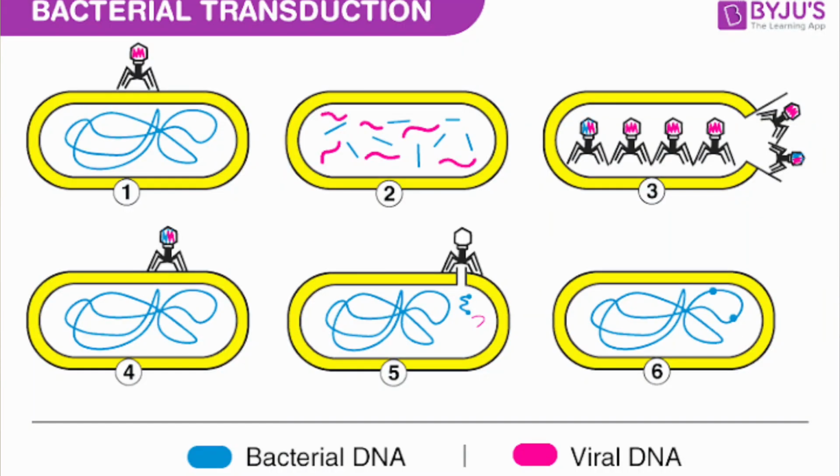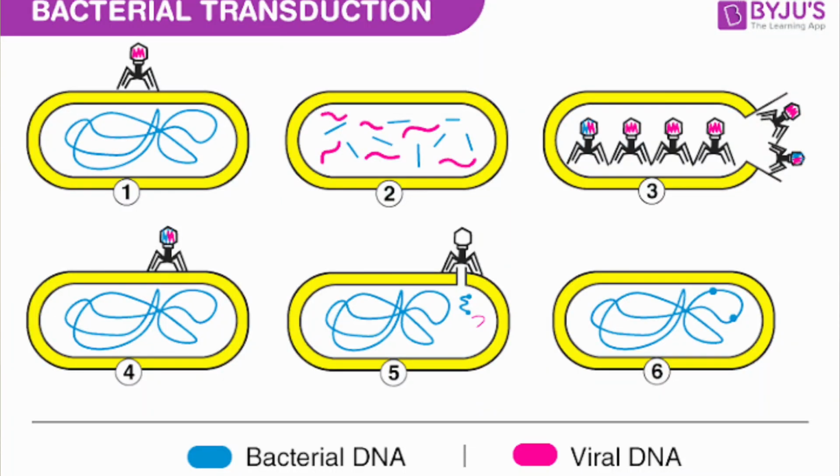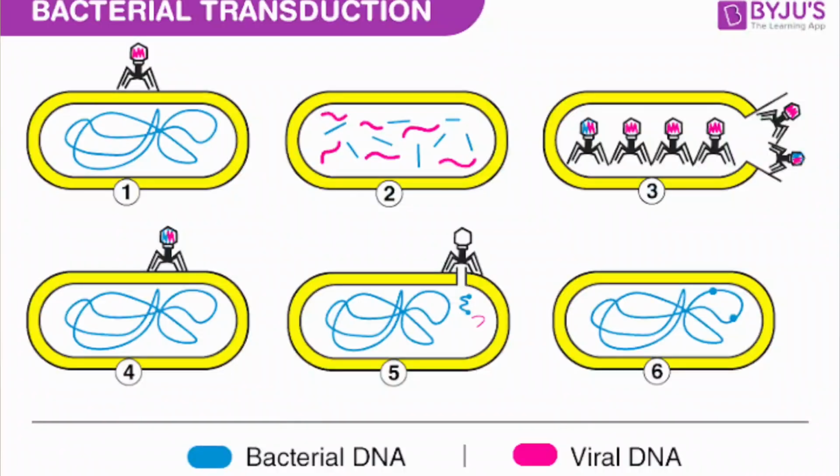When it goes through the lytic phase, new bacteriophages are synthesized within the cell. As these bacteriophages are synthesized, the head takes up some DNA from the bacteria and it's packaged with its own DNA into the head of the bacteriophage. Eventually this bacteriophage will destroy that particular bacteria and leave it. Then it goes to another bacteria and injects its DNA into the new bacteria.